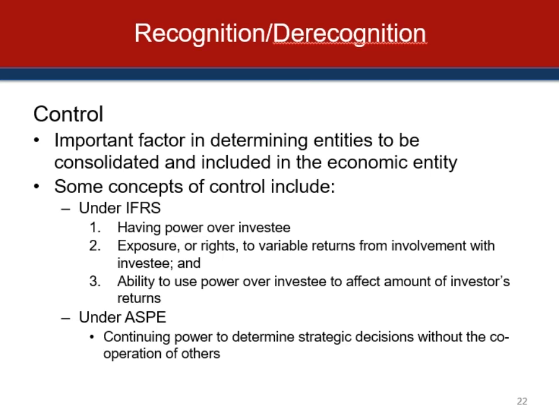It can be the fact that you've got a unique product, and that you're the only person that can provide that product to the subsidiary. That would allow you to have power over the investee, because if you stopped delivering your product, they would no longer be able to function. So there's a number of different things we discuss in terms of what the power over the investee would be.